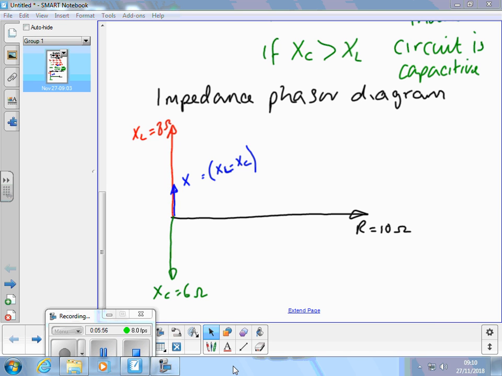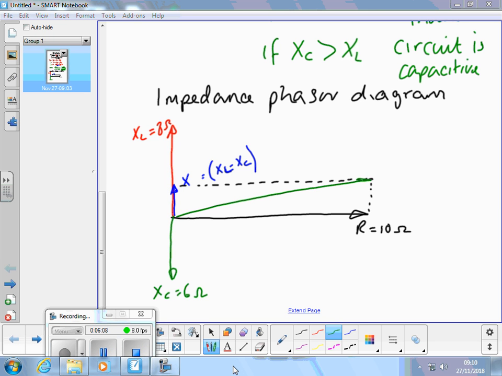The overall impedance of this circuit comes from completing that parallelogram, and there is Z in there.